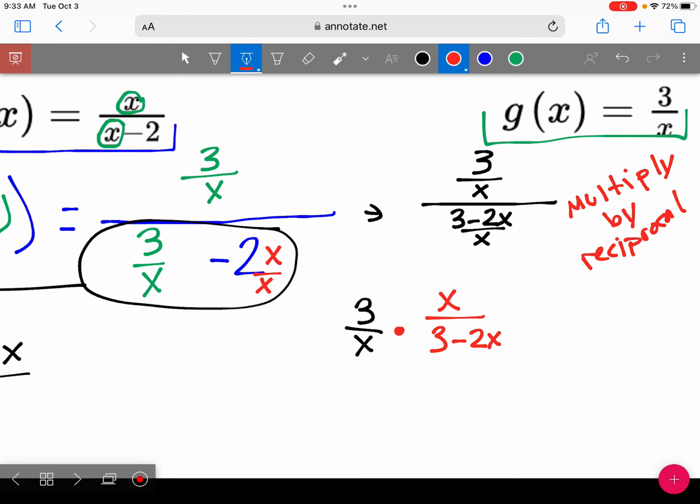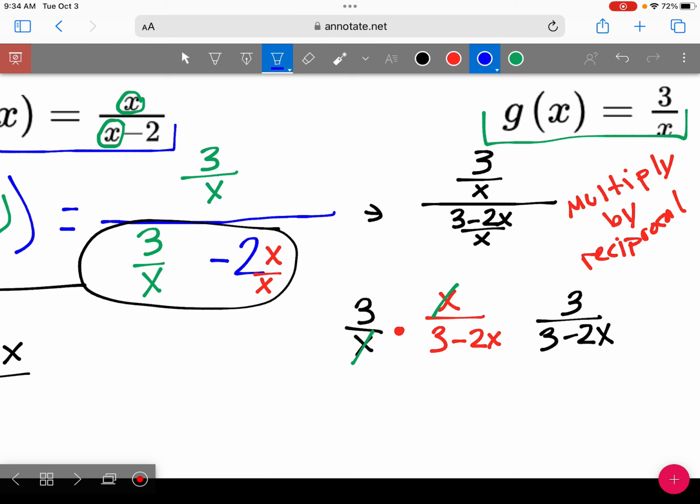What happens when we multiply these? 3x over... the x's cancel. So we get 3 over 3 minus 2x. Can I cancel out those 3's?